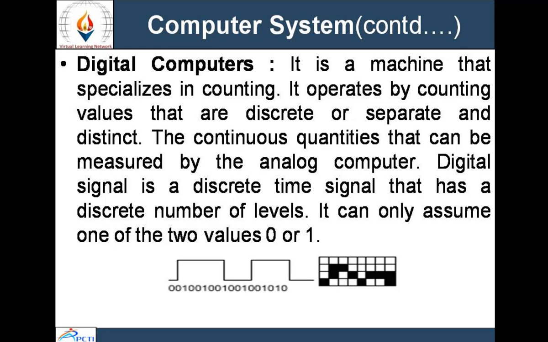It can only assume one of two values, 0 or 1. While analog technology uses continuous signals, digital technology encodes the information into discrete signal states. Digital computers are used for both business data processing and accuracy.